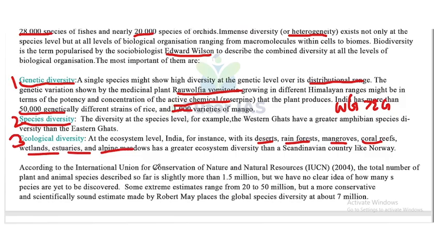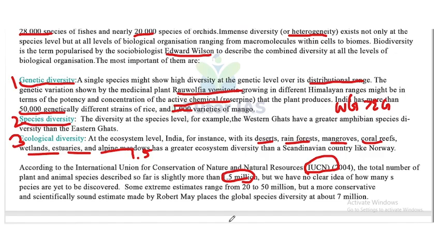According to the International Union for Conservation of Nature and Natural Resources, IUCN, we are all familiar with this, IUCN data 2004, the total number of plant and animal species described is slightly more than 1.5 million.